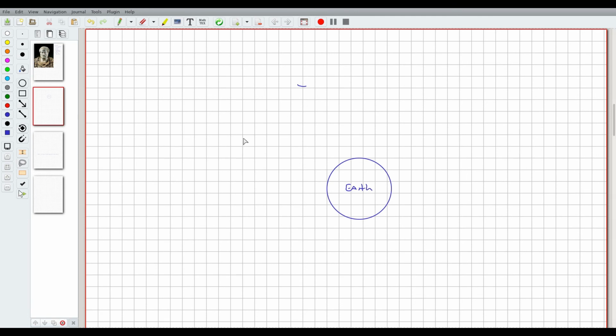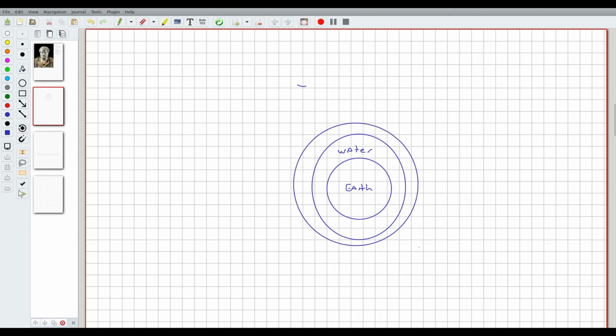Now, sitting above Earth, you have water. Now, does this make sense? Well, okay. If you were to go to the ocean and look out, you would see water, but if you swam to the bottom of the ocean, what would you find? You would find Earth. Now, next, sitting above that, you have air.